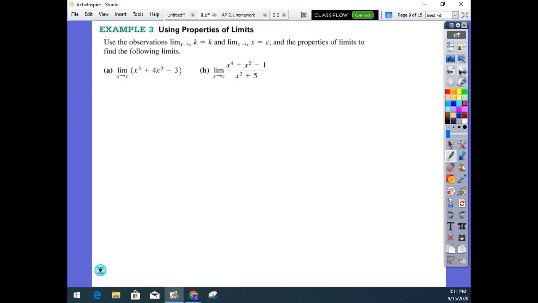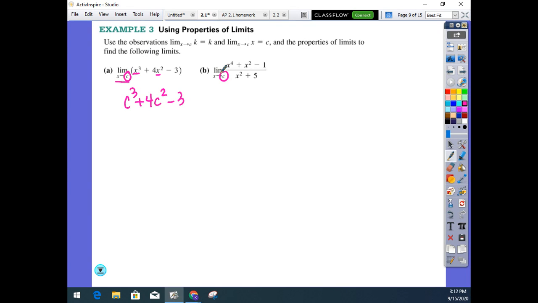Example 3 is pretty straightforward. So this says as x approaches c, I'm going to plug in c in place of each x. I just substitute c in place of x.